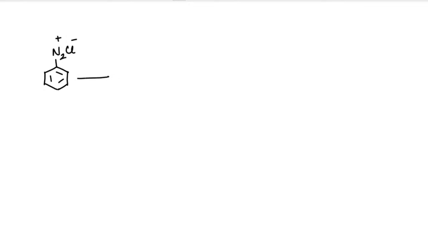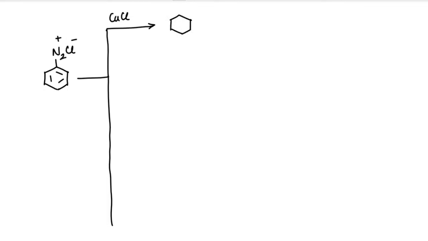Now this benzene diazonium chloride, if it reacts with cuprous chloride, then we get chlorobenzene. If it reacts with cuprous bromide, we get bromobenzene.